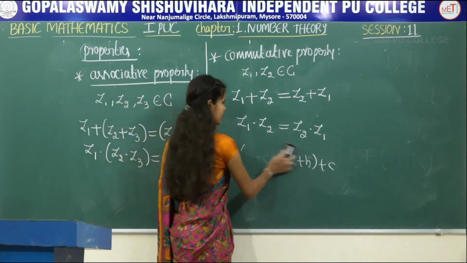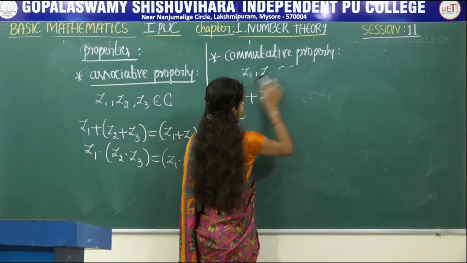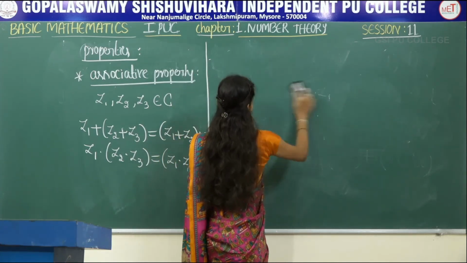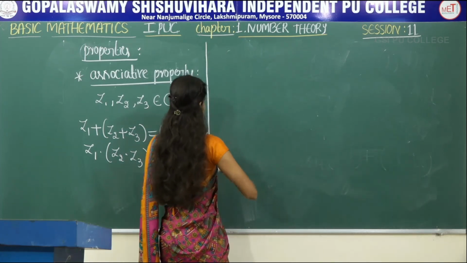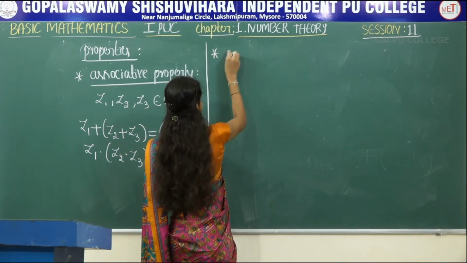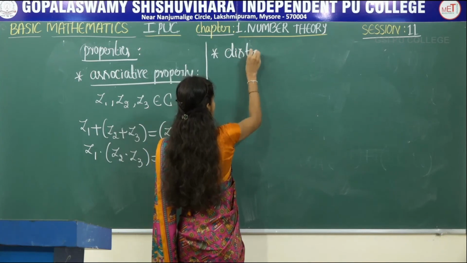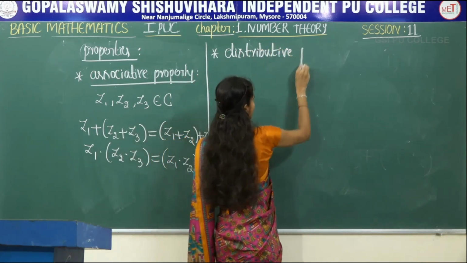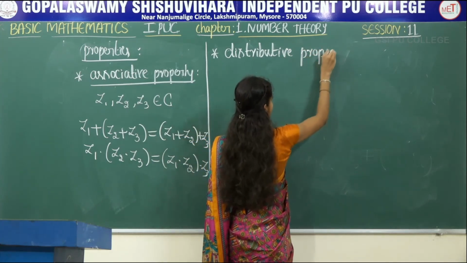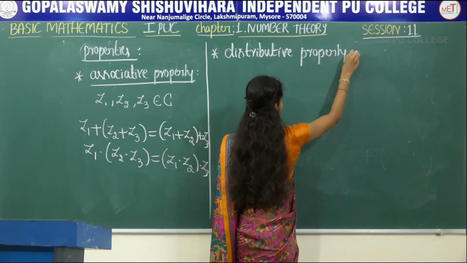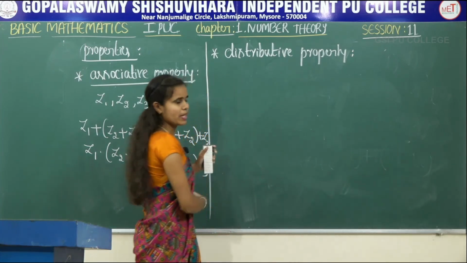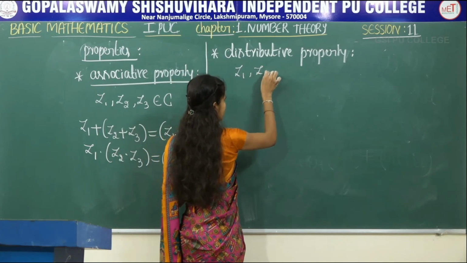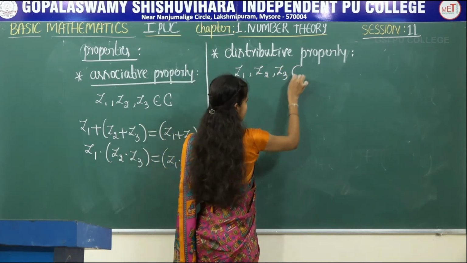The next property is the distributive property. Here, consider three complex numbers Z1, Z2 and Z3.